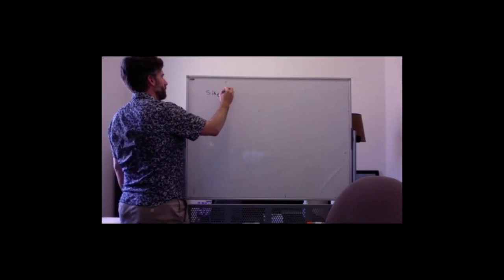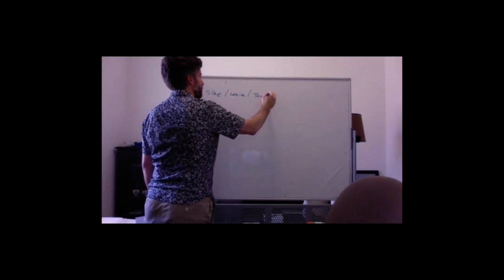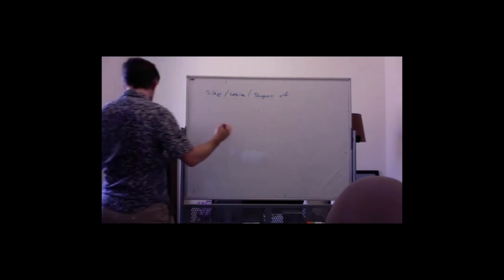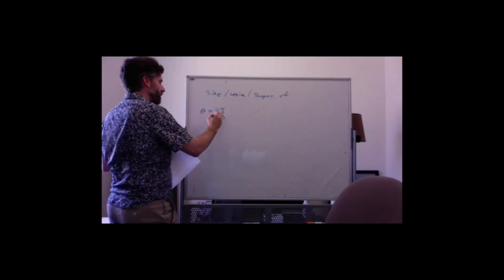So for example, I want to find sine, cosine, and tangent of the following angles. Let's start with theta equal to 4 pi over 3.